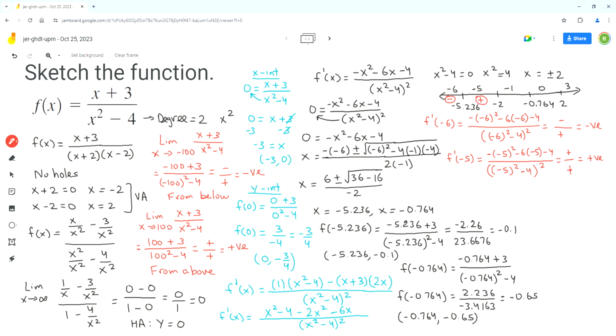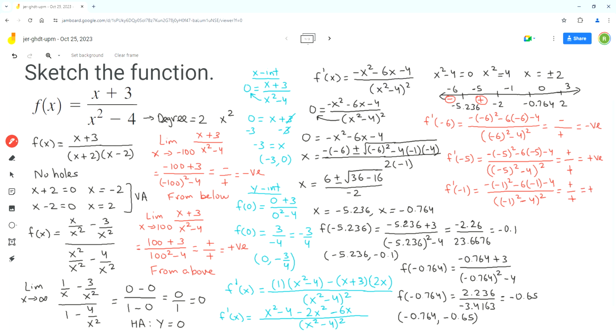Now we can use the test value negative 1. Now the denominator will be positive, and in the numerator, negative 1 squared will be positive 1, so it will become negative 1 because of the negative sign outside, and negative 6 times negative 1 is positive 6, and then 6 minus 1 minus 4 will give us a positive value.